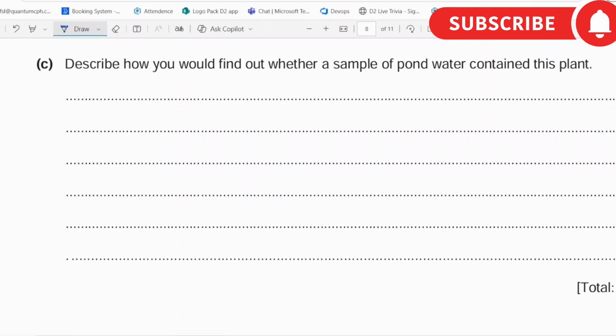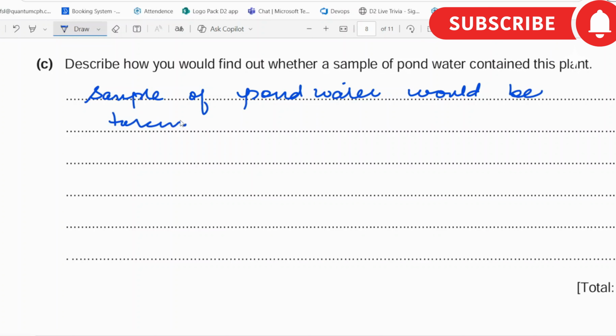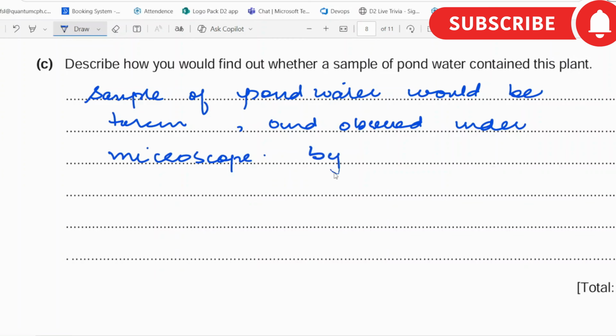A sample of pond water would be taken, no use of I and U, and observed under a microscope by preparing a slide. So this is how you use it.